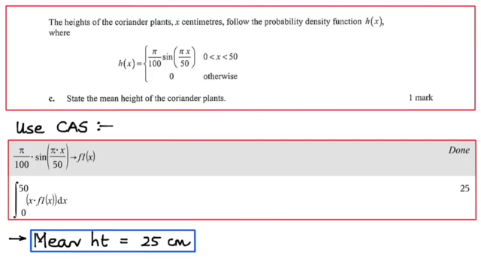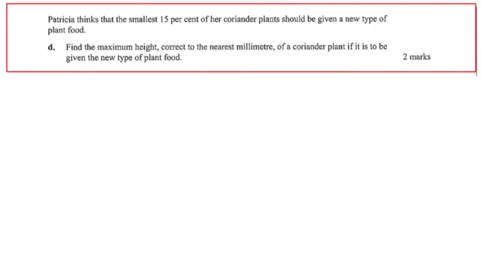That's it, exact answer required. Alright, very good. Patricia thinks that the smallest 15% of her coriander plants should be given a new type of plant food. Probably a good dose of fish oil might do it, or seaweed. Find the maximum height correct to the nearest millimetre of a coriander plant if it is to be given a new type of plant food.